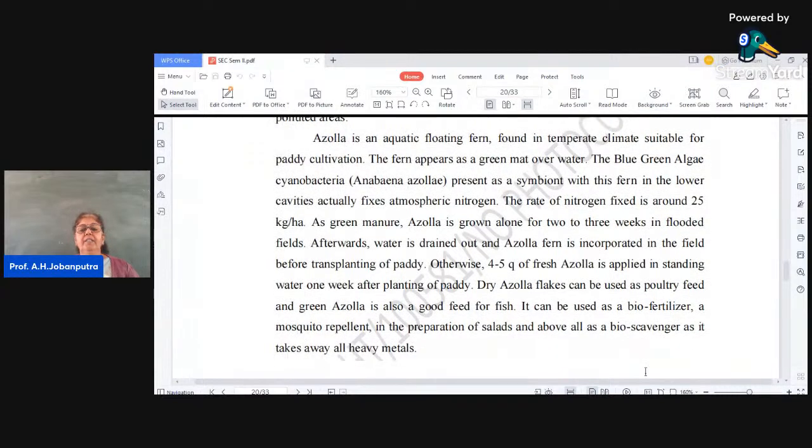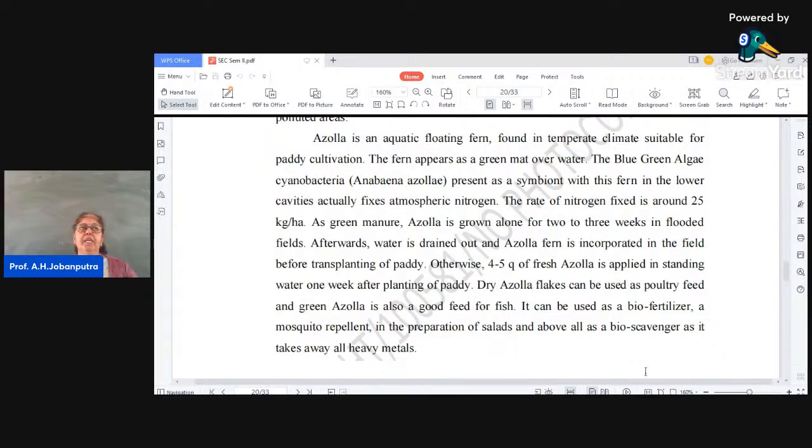Dry Azolla flakes. Now you can just harvest Azolla, dry it, and those flakes of dry Azolla can also be used as a feed for poultry. And the green Azolla also acts as food for fish. So it has many uses. It is used as a biofertilizer. When it is dried, it is used as a poultry feed.